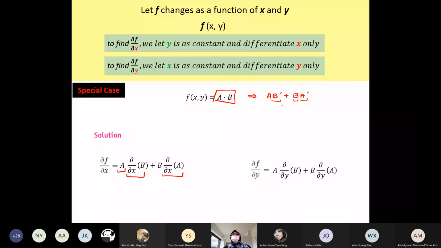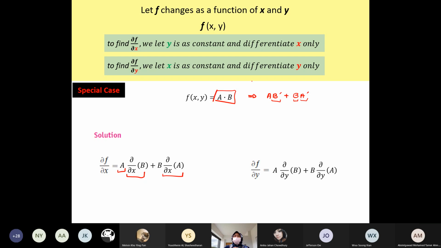If you want to remember the multiplication rule, it becomes A differentiate B plus B differentiate A. So what is A? A is the first term that you have. Normally you will put it in a bracket, so you can treat the first bracket as your A, and the second bracket you can treat as your B.